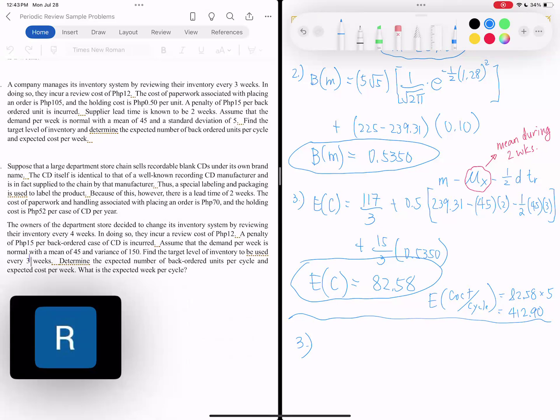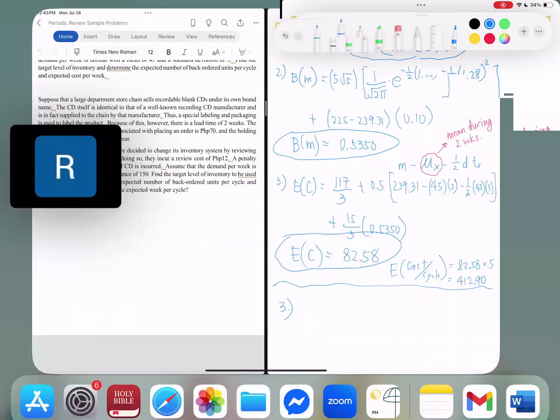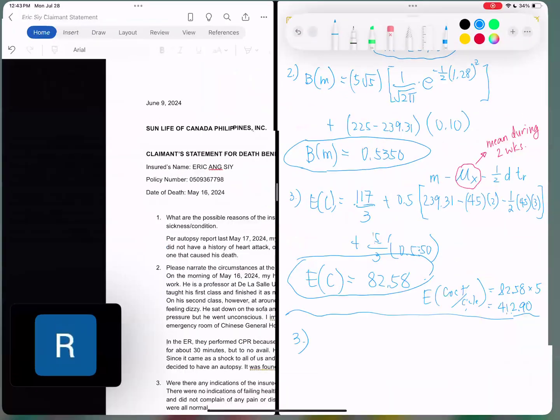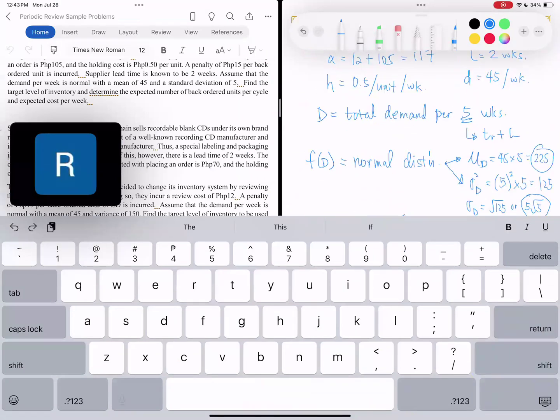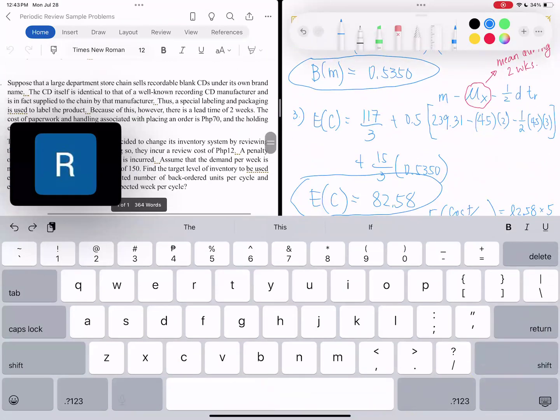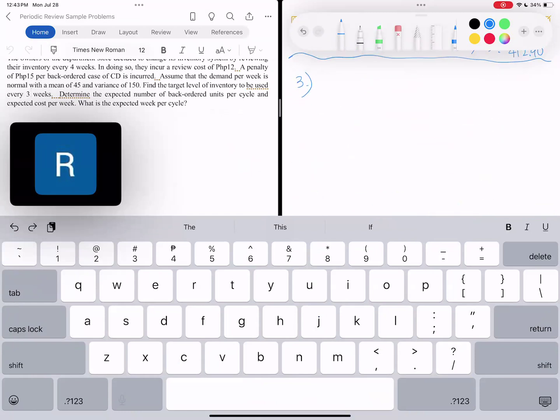Sorry, that one is wrong. Anyway, here, please change that to 4 weeks. Okay? Target level of inventory every 4 weeks. Please change that.